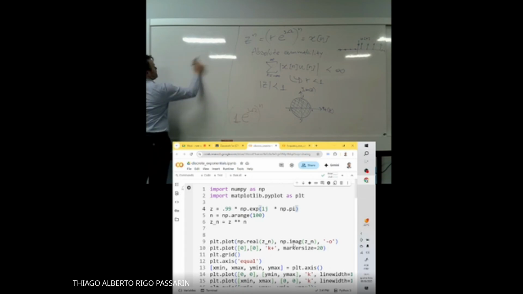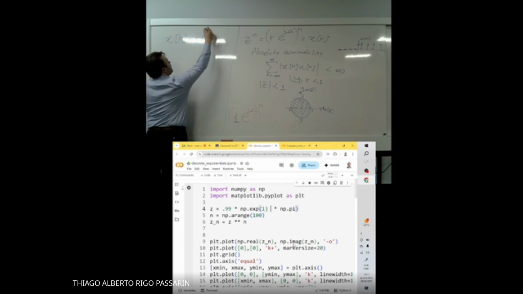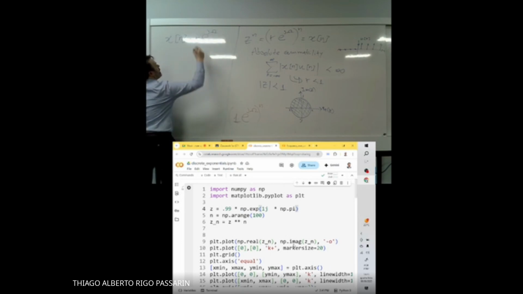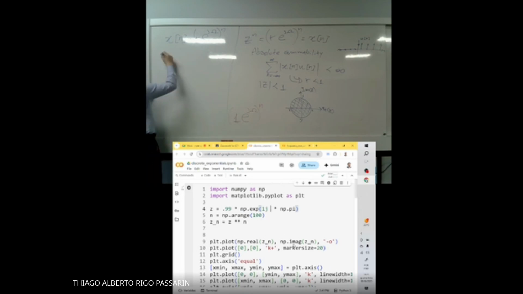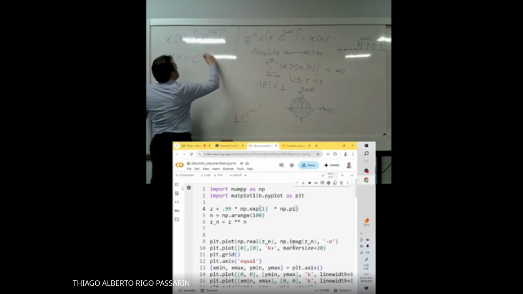So I have x of n equals r e to the j omega n. And what happens if I have some constant scalar complex number and I multiply it by x of n?